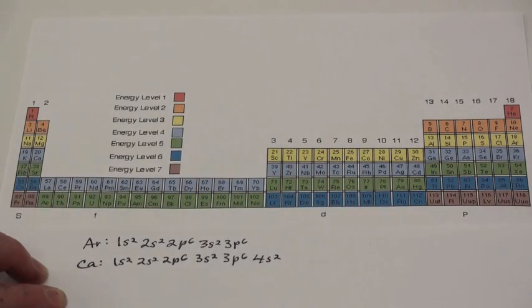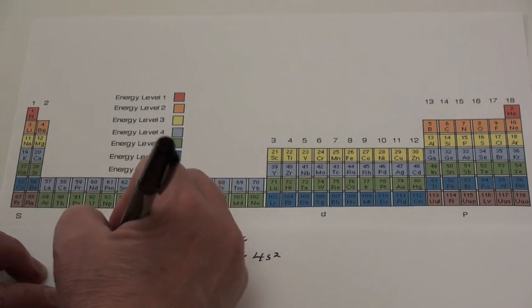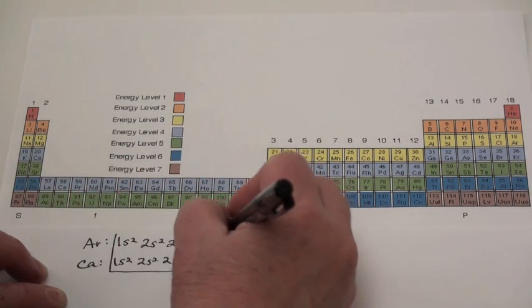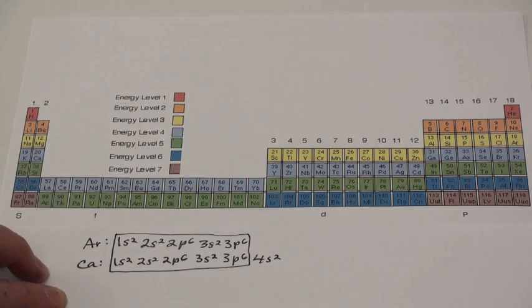Now, I can imagine that somebody looked at these two and said, oh my gosh, these are identical on the inside. The only difference with calcium is that it's argon with a 4s2 on the outside. Please, can't we do a shortcut for this? And some committee decided, yes, you can. And it's called the noble gas shortcut.